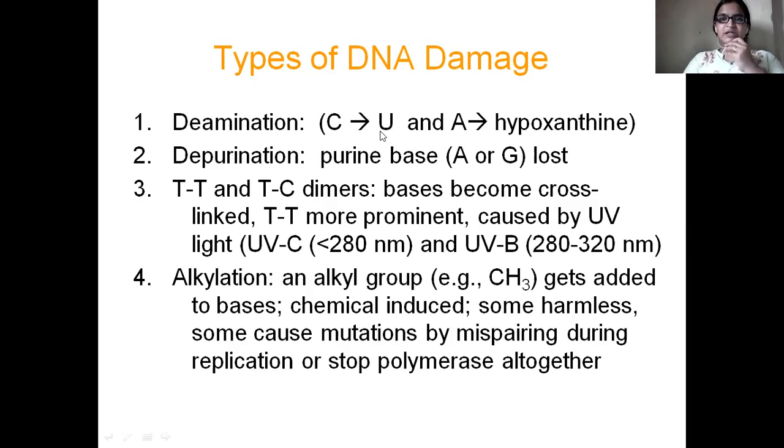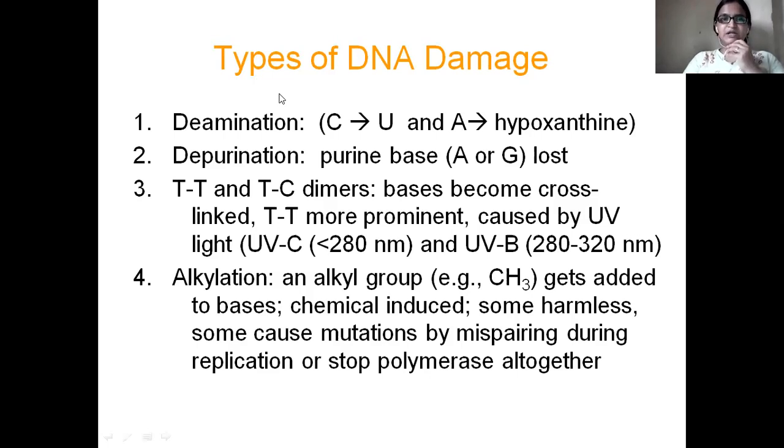So when these bases are changing, when cytosine is changing to uracil or adenine is changing to hypoxanthine, their bonding patterns will also change. As a result, there will be difference in the sequence in coming generations, and which may lead to mutations in the cell or changes in the genetic material.